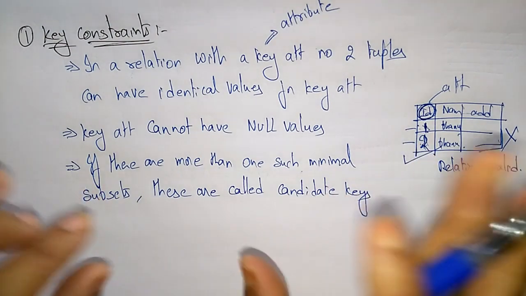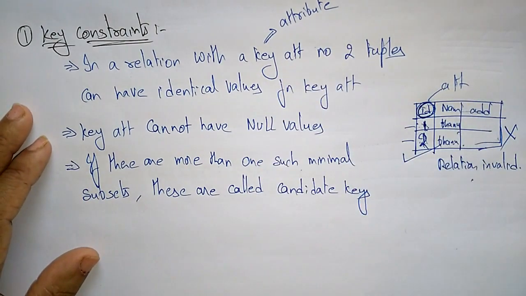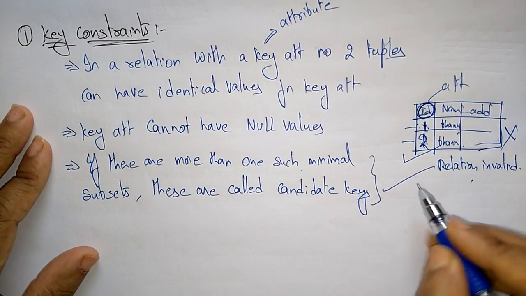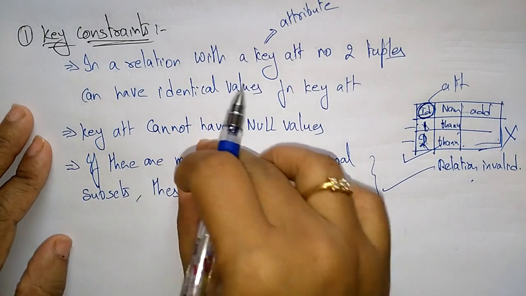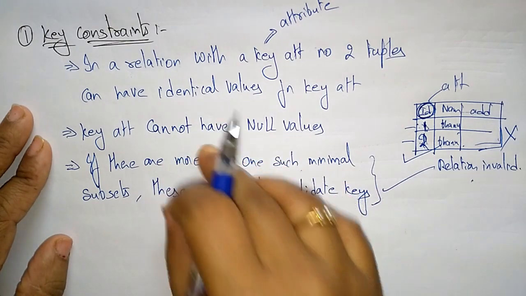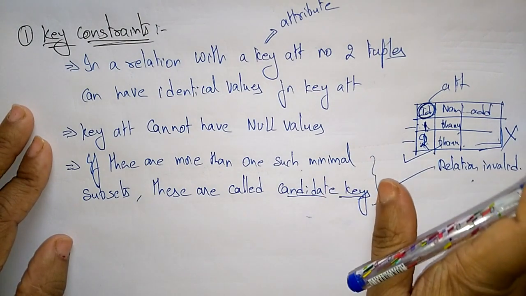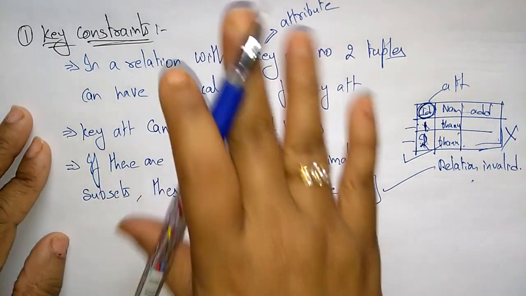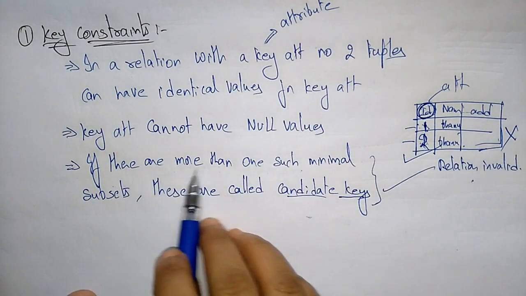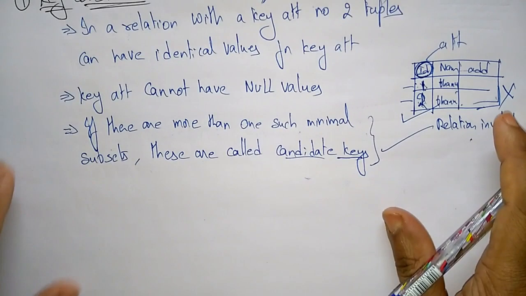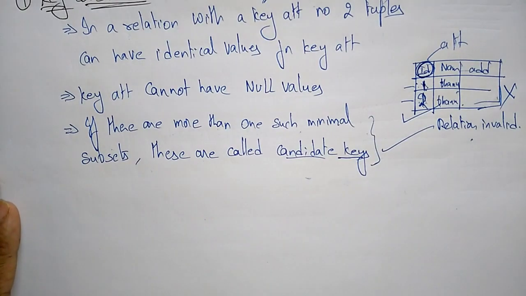This point you just leave here. When I explain about the candidate key, you will know what this point means. If I tell about candidate keys now, it will be confusing for you. So just note this point: if there is more than one such minimal subset, these are called candidate keys. So this is about the key constraints.